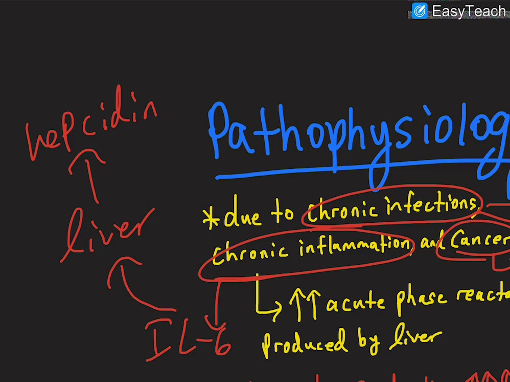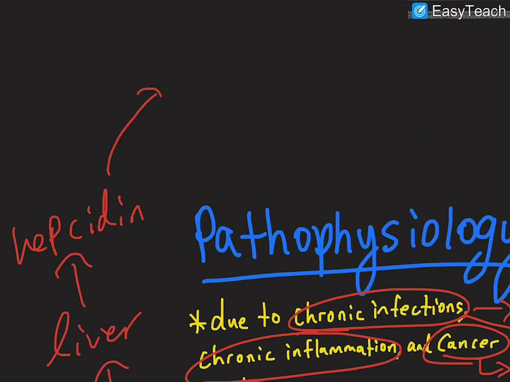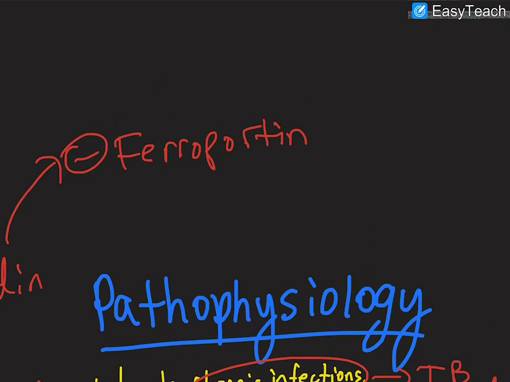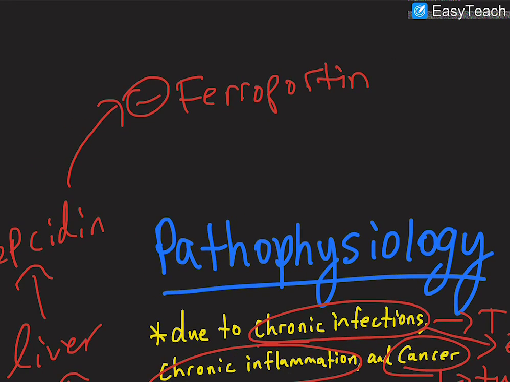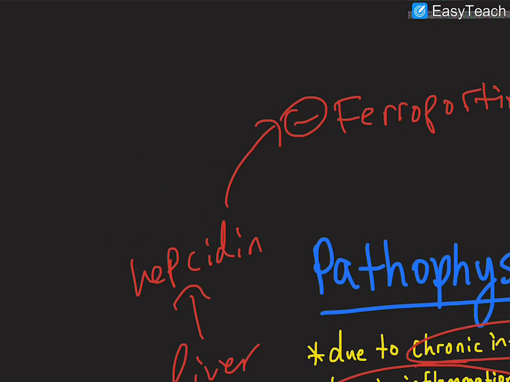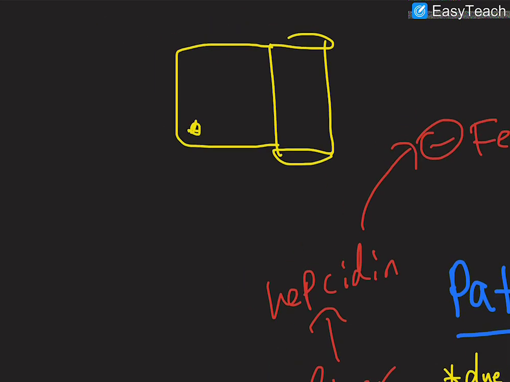Okay, well, why is that bad? Because remember, hepcidin inhibits ferroportin. Where do we have ferroportin? On our enterocytes, the intestinal cells. So remember, you have the lumen of your intestine here, then we're going to zoom into an enterocyte, and then we'll have our bloodstream here.